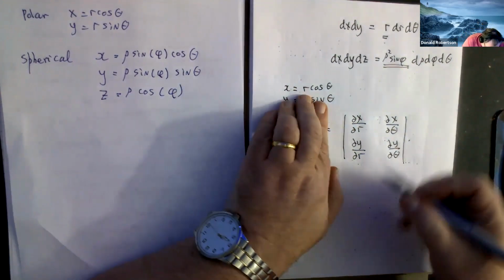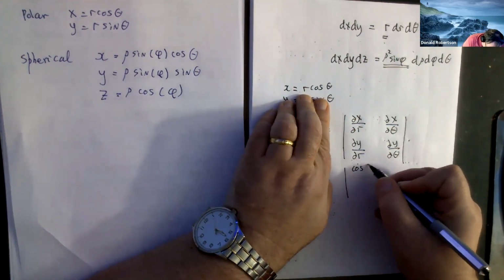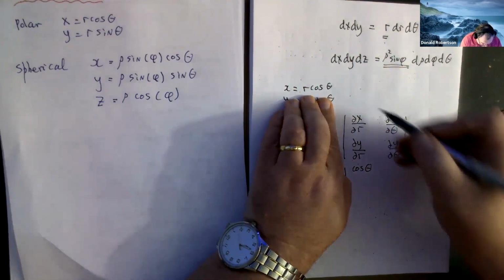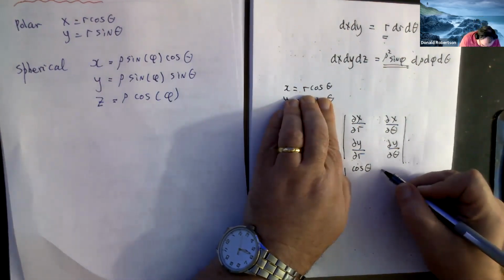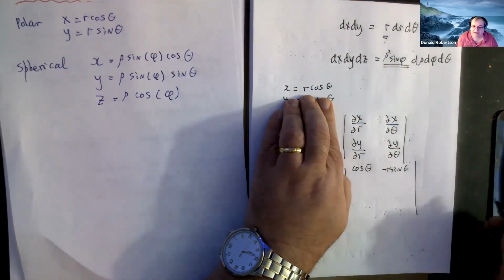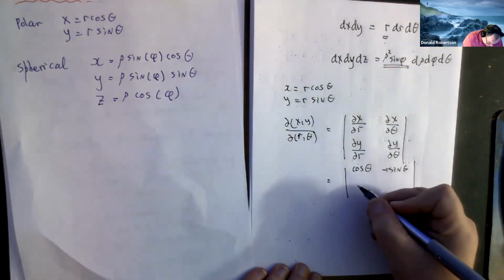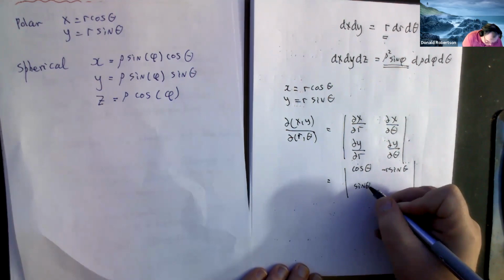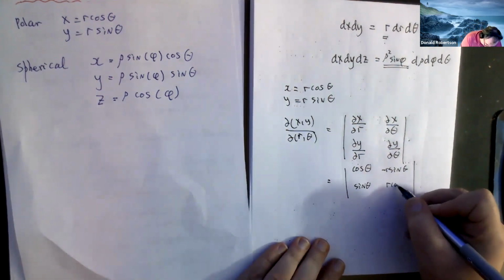Now, if you differentiate this guy here with respect to r, you get cosine theta. If you differentiate it with respect to theta, r cosine theta turns into negative r sine theta, because when you differentiate a cosine, you get a negative sign. Now you move on to this guy. If you differentiate him, you get sine theta. And if you differentiate him with respect to theta, you get r cos theta.